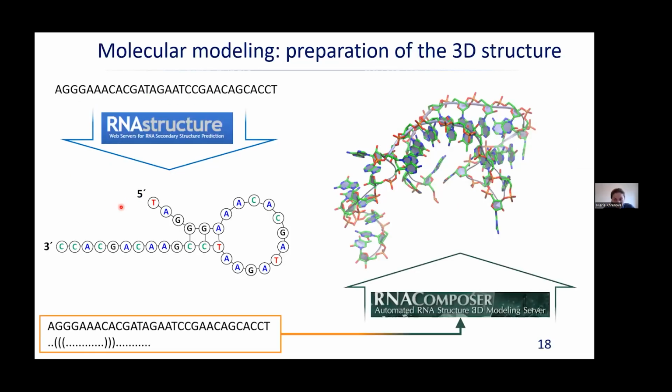So all this experimental data forced us to perform molecular modeling to understand the molecular mechanism of interaction. To do this, we used the primary sequence of the aptamer as an initial point, and we utilized some web servers like RNAstructure and RNAComposer to obtain a 3D structure.